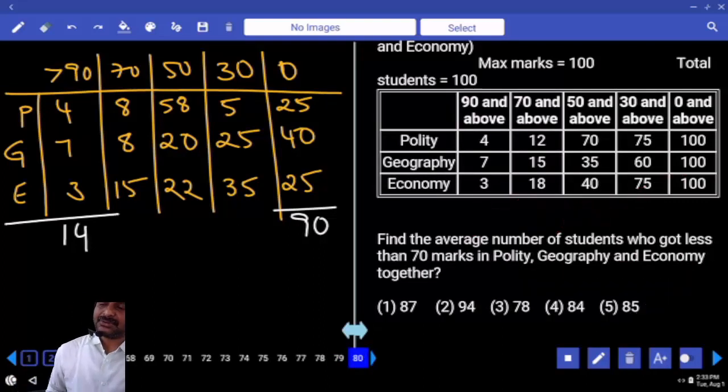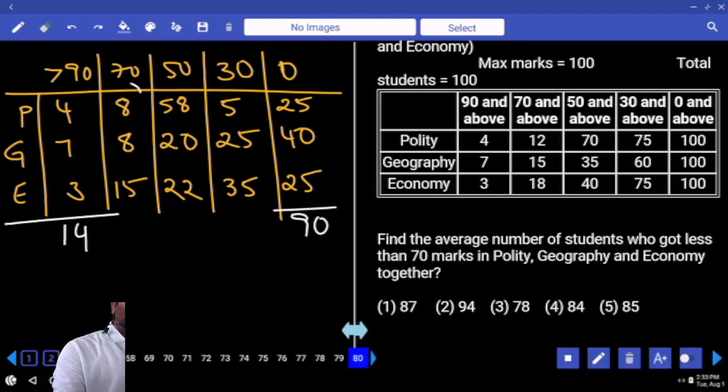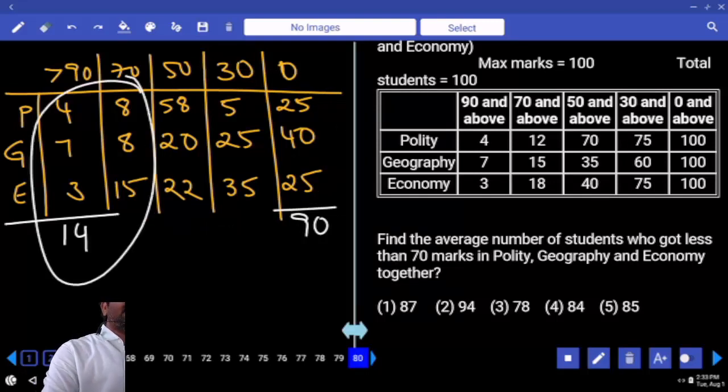Find the average number of students who got less than 70 in polity, geography, economy together. Less than 70 in all three subjects. That means we need to consider all these values. Instead of that, we can add these values and subtract it from 300. Can we do that?